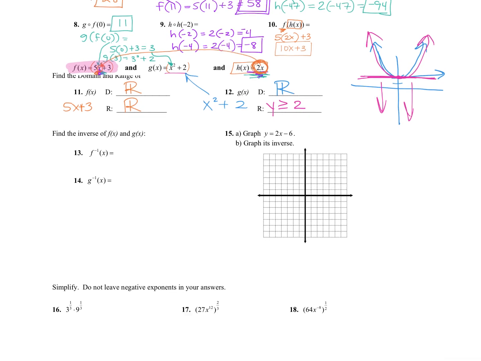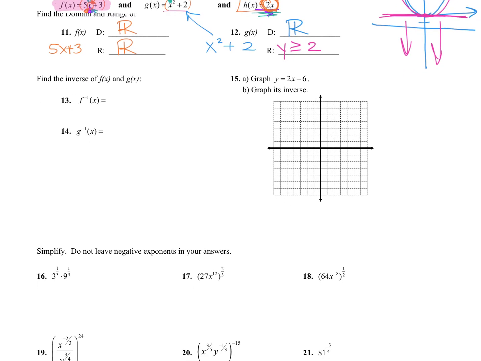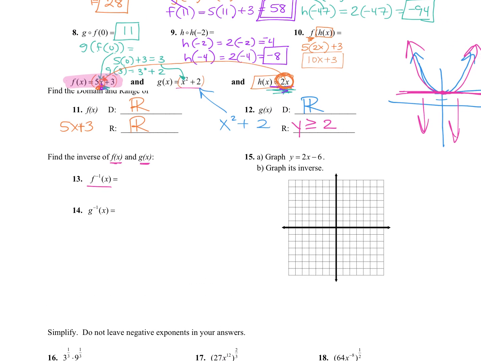Questions? Okay, find the inverse. How do you find an inverse? Swap what? X and Y, yeah, the two variables we're working with. So if they're saying find the inverse of f of x and g of x, here's the notation for it, the inverse of x, okay? Look at your f of x function.